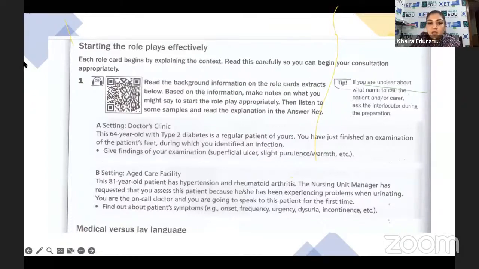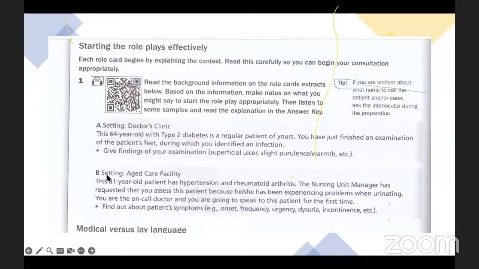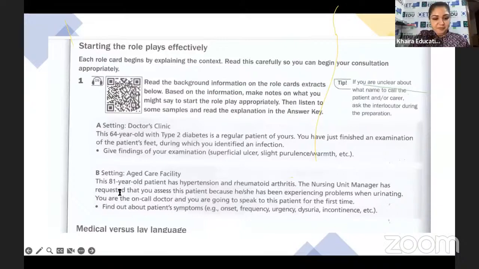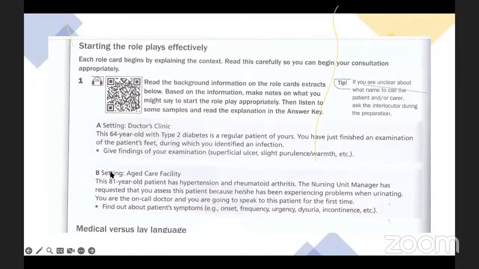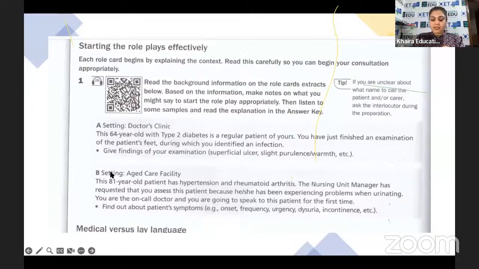How will we start the role play in this case? I have just completed your examination, and on the basis of my examination, you are having an infection. Start from the very beginning. How would you start?